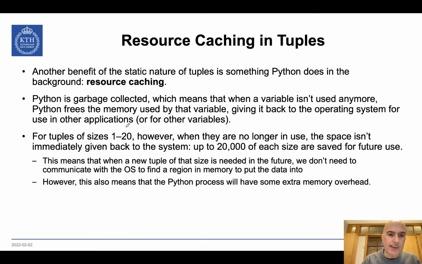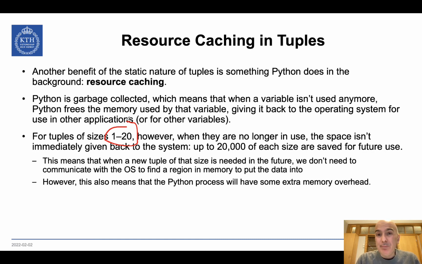For tuples of size 1 to 20, when they are no longer in use, the space is not immediately given back to the system. Up to 20,000 tuples of each size are saved for future usage, so they are cached. This means that when a new tuple of that size is needed in the future, we don't need to communicate with the OS to find a region in memory to put that data into.